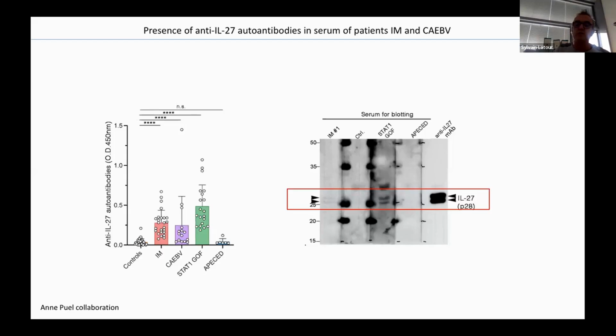This is the case, as you can see here. These autoantibodies are able to detect recombinant IL-27. We use as a positive control a monoclonal antibody against IL-27.